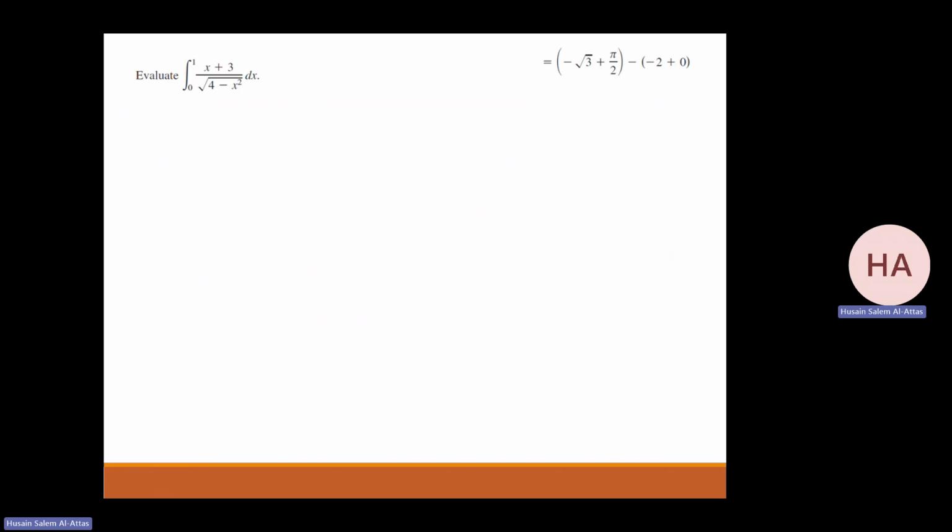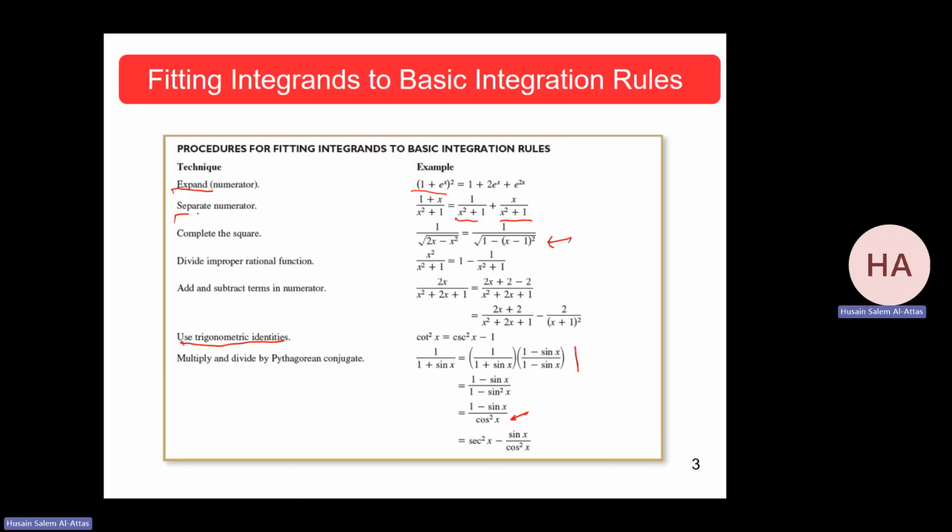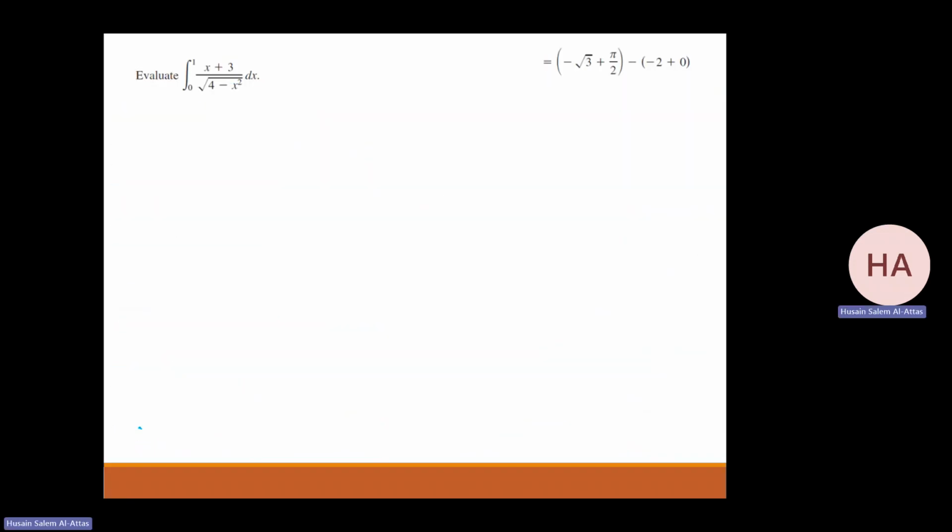Okay, this one, what I will do. Sometimes you need to split, as we said here. Sometimes I need to separate the numerator, and this is what I will do. So if I separate the numerator, I have what? The integral from 0 to 1 of x over this, plus the integral from 0 to 1 of 3 over this.